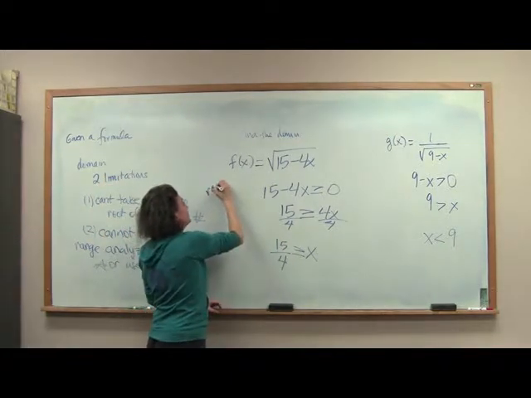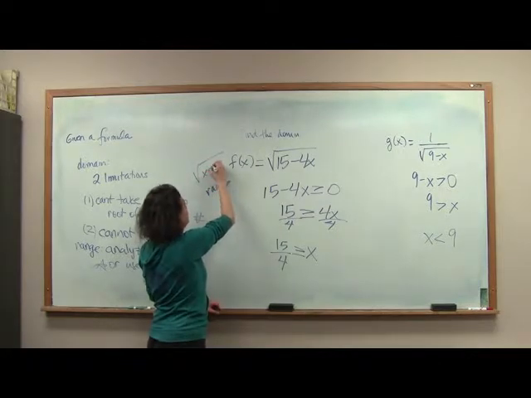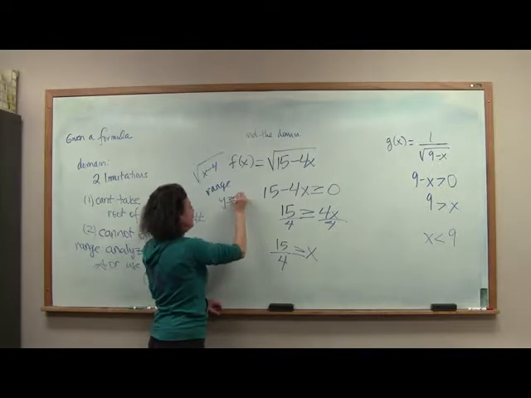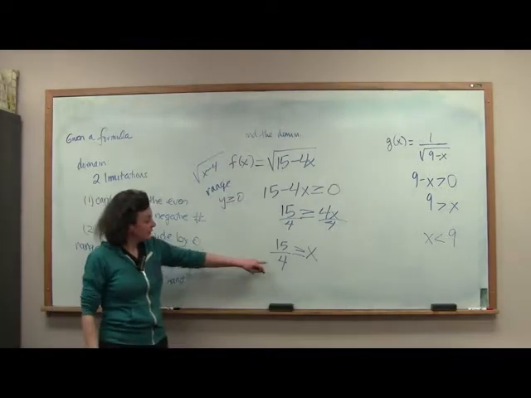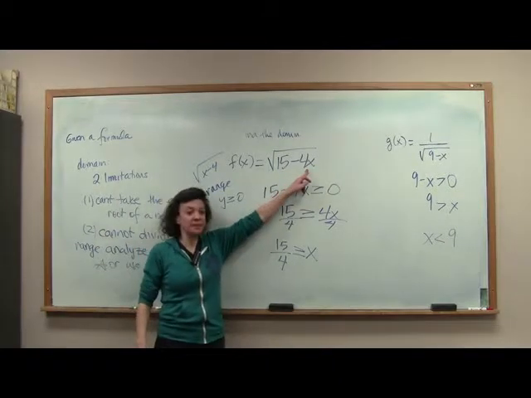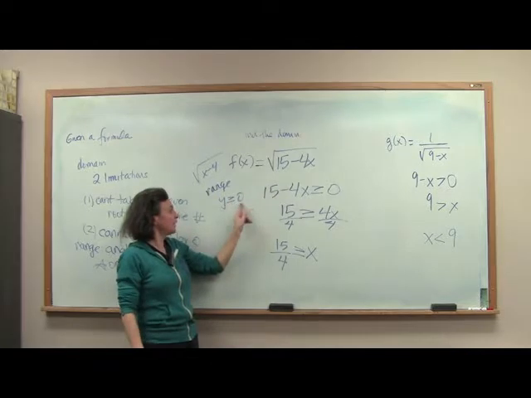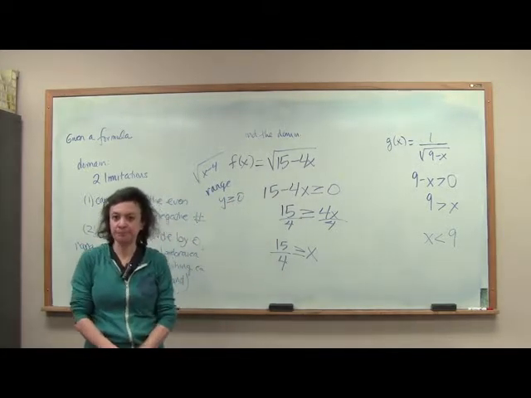So I could tell you that for this guy, and I think we had x minus 4 or something like that, the range is that y is greater than or equal to 0. Because I claim if I plugged in 15/4 here, I'd be taking the square root of 0, which is 0. That's as small as we can get, and then you just get bigger from there.